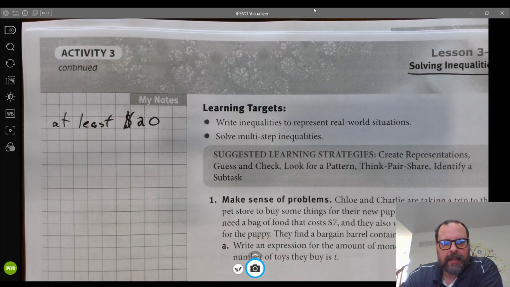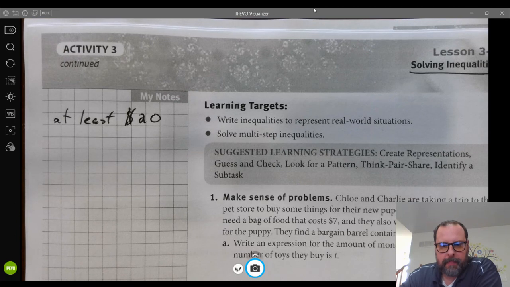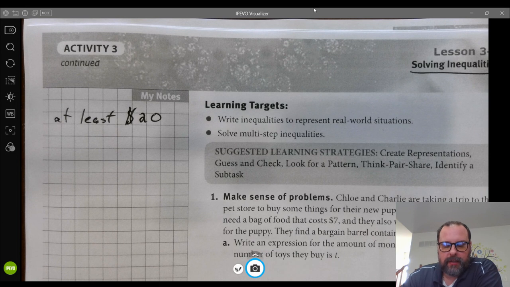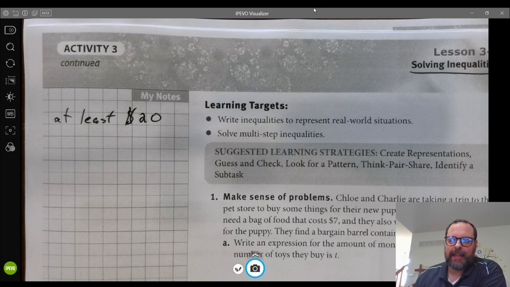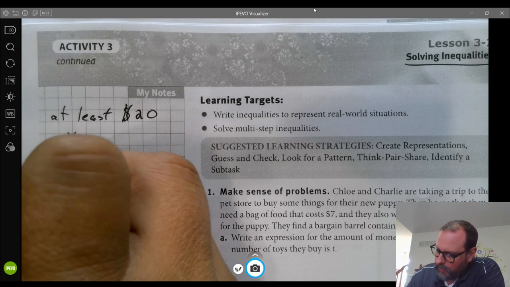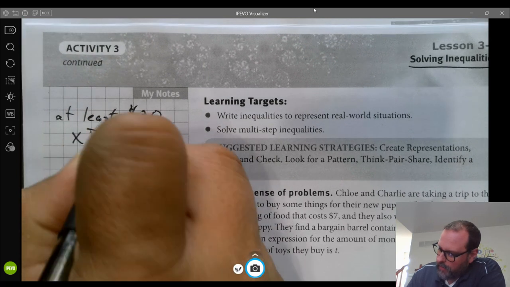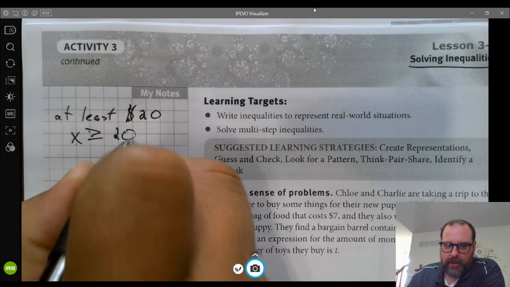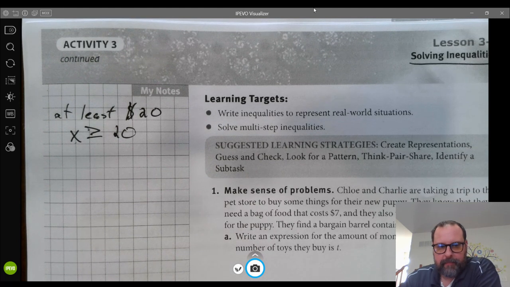If I have at least $20, that means I could have 20, or I could have 21, 22, 23, 24, $500. None of this is true. I think I have $2 in my wallet. But if I have that at least, what throws us off with this, if we're thinking about inequalities, is if I was going to write this as an inequality, you'd say I have greater than or equal to $20.